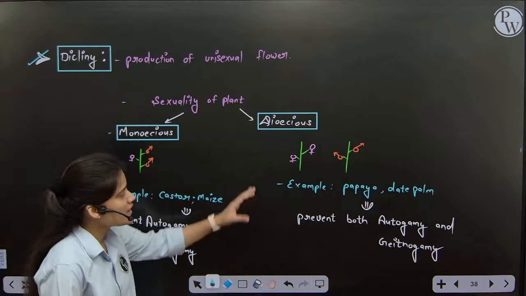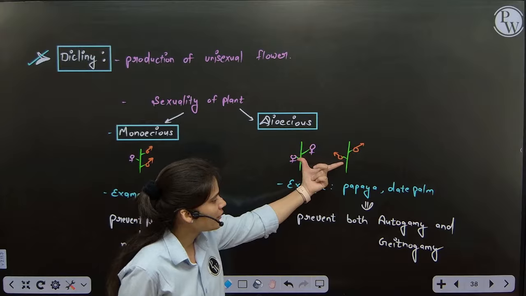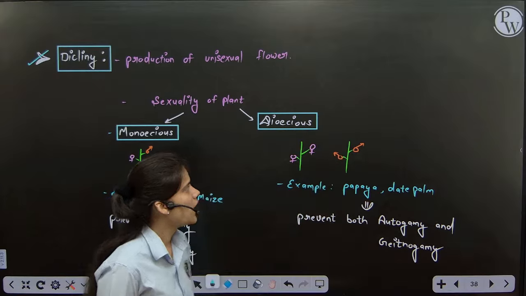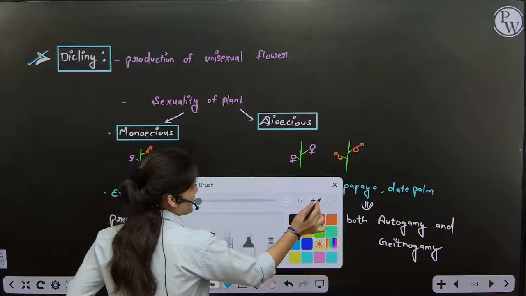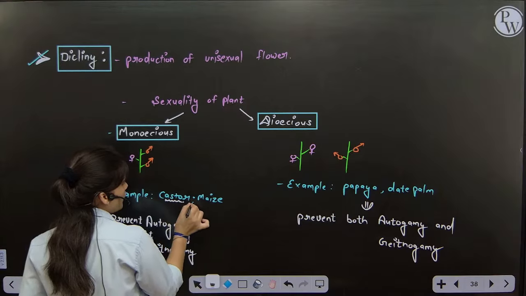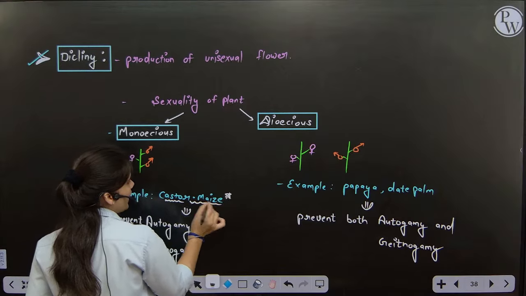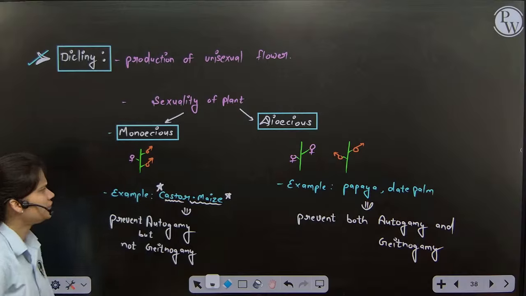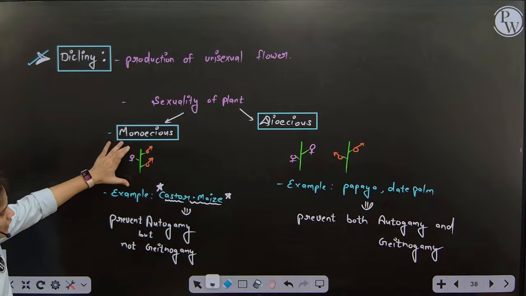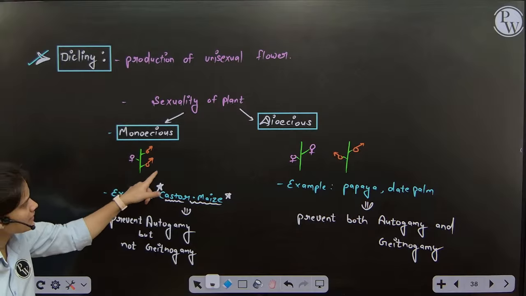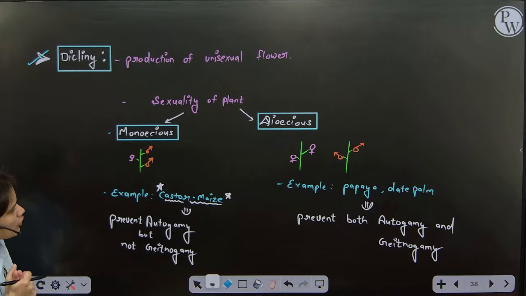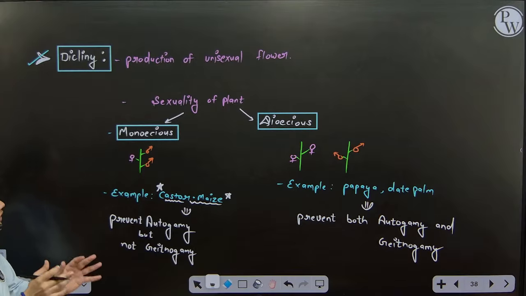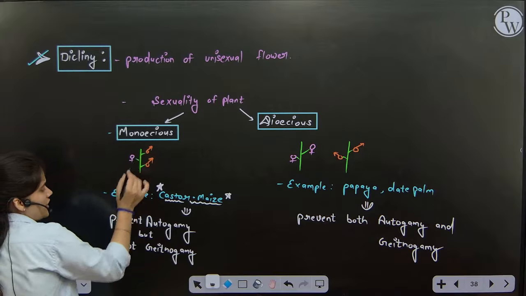In case of dioecious, the male and female parts are present on different plants. Examples of monoecious plants, mark these as very important, are castor and maize; both male and female parts are present on the same plant. By seeing this diagram, can you tell me, in this case when the flower is unisexual but the plant is monoecious, out of autogamy, geitonogamy, xenogamy, which one is prevented? Autogamy is prevented. Why?